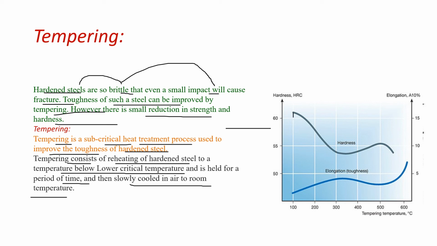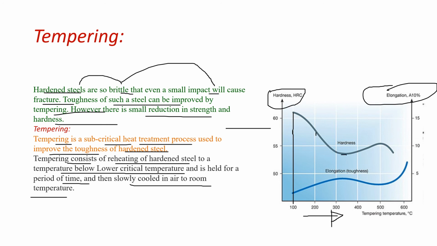At 100 degrees centigrade, the materials have high hardness but the lowest elongation. As the temperature increases in the heat treatment process, the elongation increases while the hardness decreases.